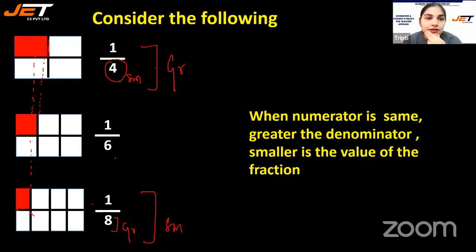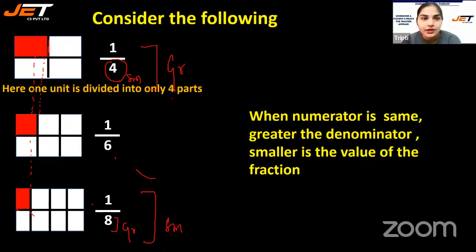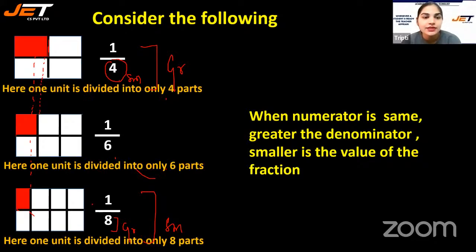Okay. So that means the first one. That means the fraction with smaller denominator is the greatest, only and only when the numerators are same. Okay. Here 1 unit is divided into 4, here 1 unit is divided into 6, and here 1 unit is divided into 8 parts.